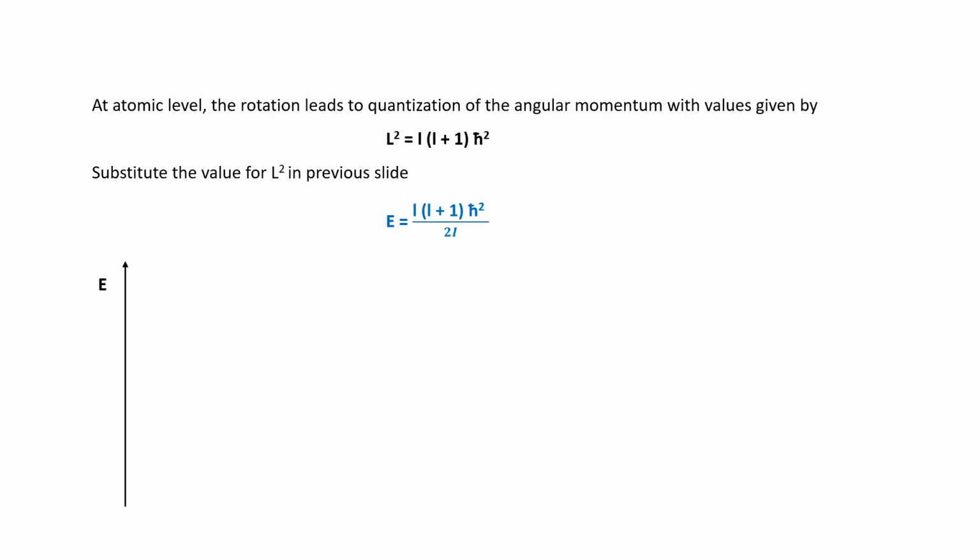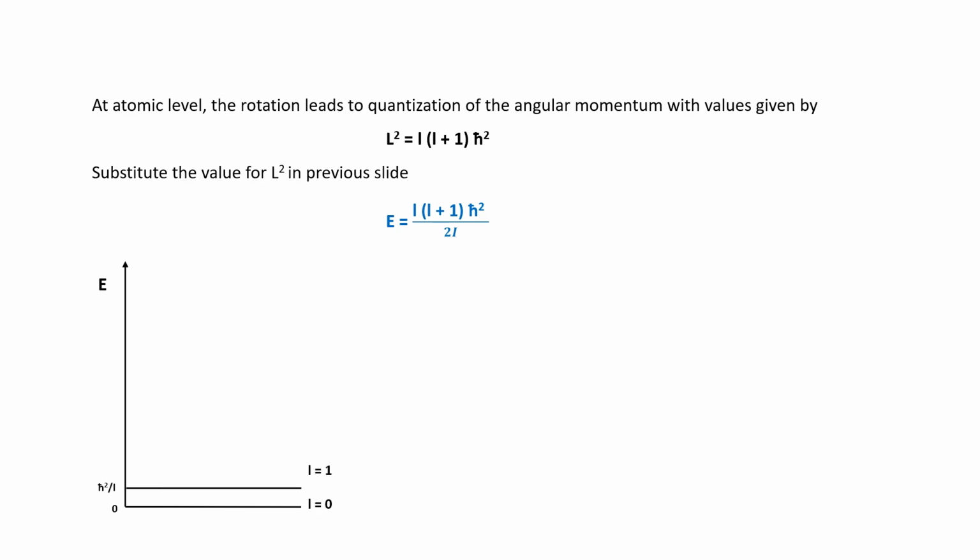I plot an energy level diagram for this rotational energy state, considering energy on the y-axis. If I substitute L equal to 0 in that equation, the energy is equal to 0.